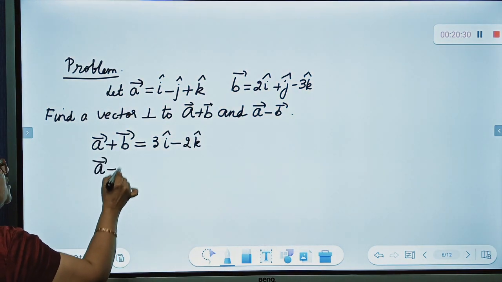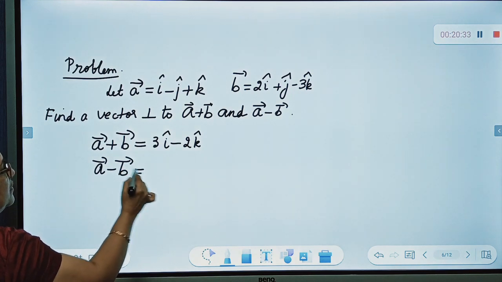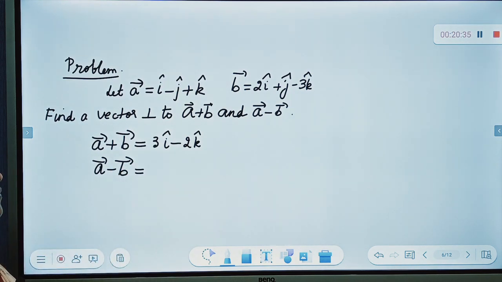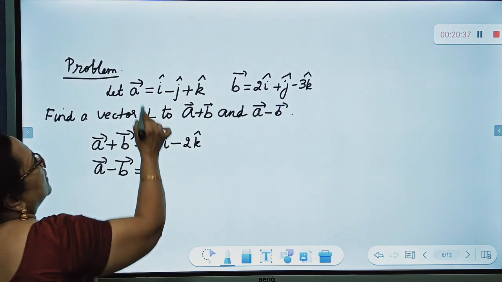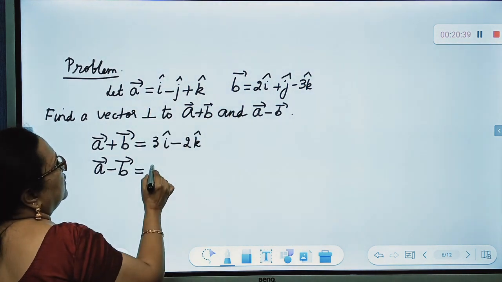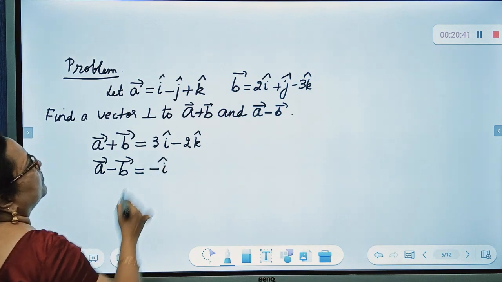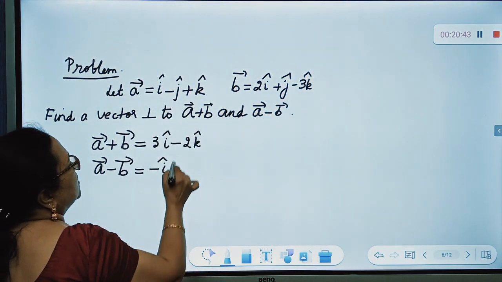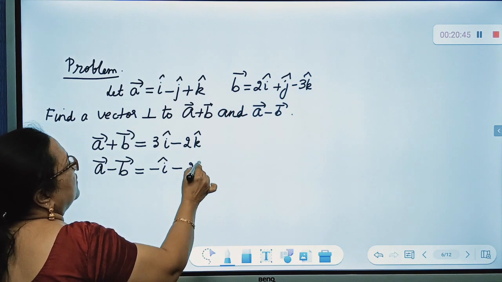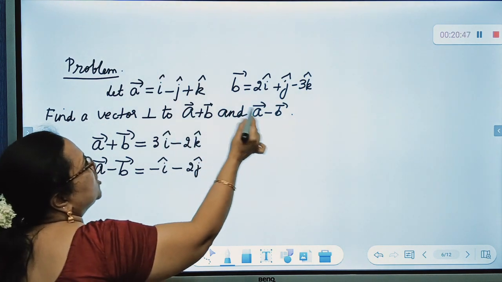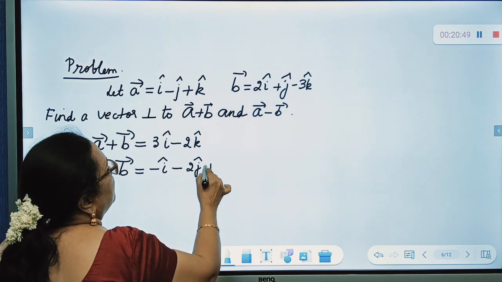Now a minus b will be, what will be a minus b? i minus 2i, which is minus i, minus j minus 2j, plus k minus of minus 3k will give you plus 4k.